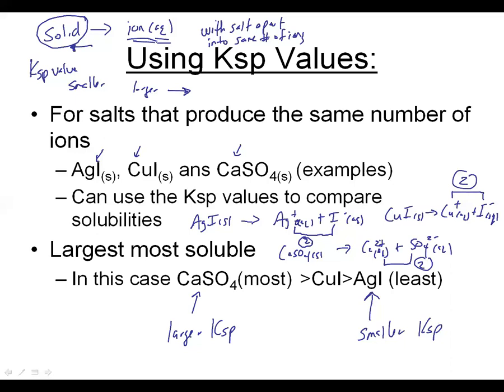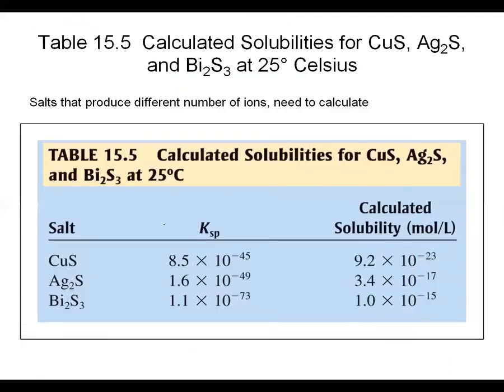Now, if you are trying to compare salts that do not break apart into the same number of ions, look at this table here. This is copper(II) sulfide, which breaks apart into a copper(II) ion and a sulfide ion.